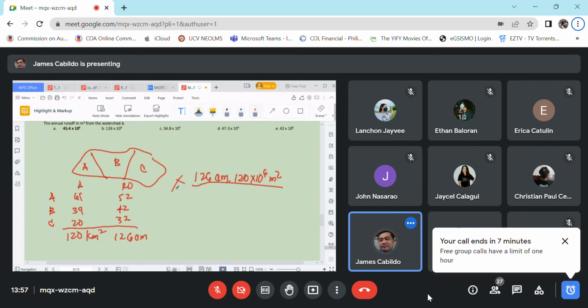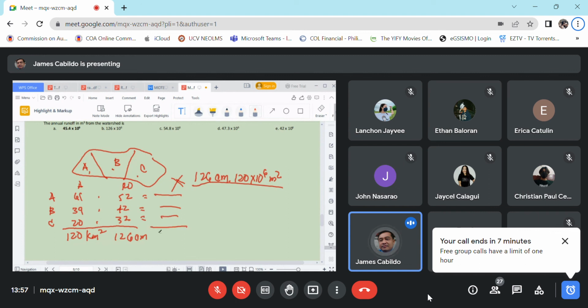This is wrong. Kasi magkakaiba sila ng maybe geology, topography, vegetation, and everything. Hindi siya homogeneous, no? Magkakaiba. That's why you have to solve separately. We have to multiply this separately. Okay? Yan.